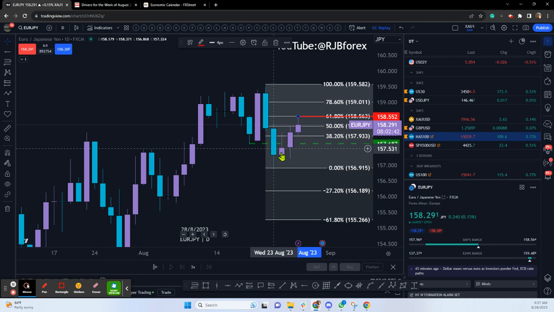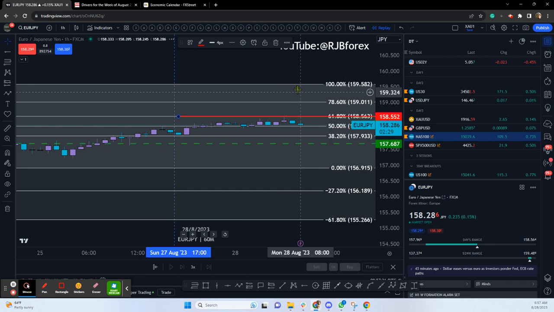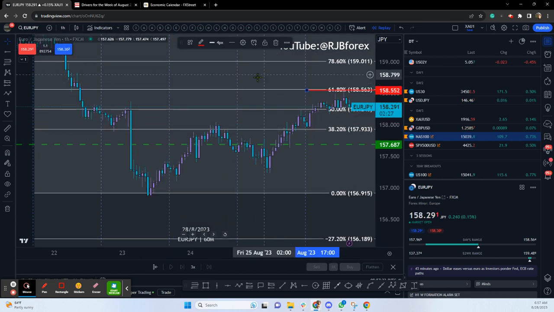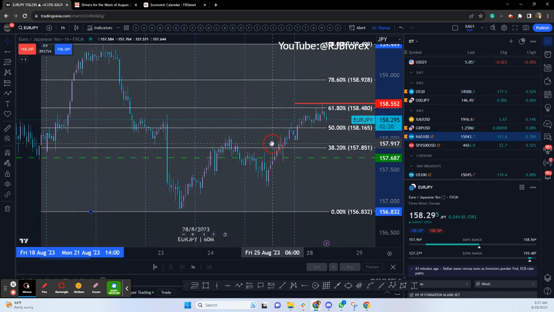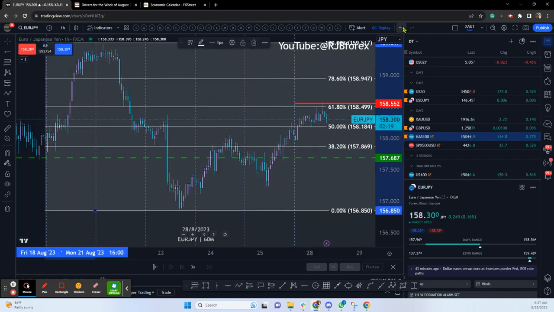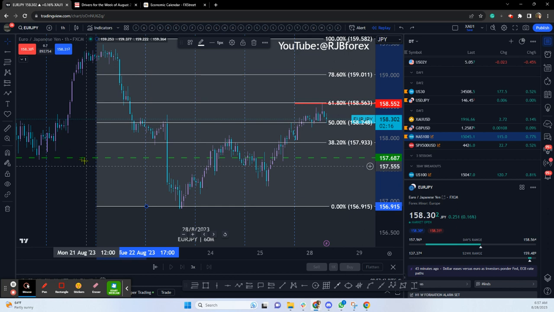So looking for this correction to decelerate today. It can move higher, but we're looking for the deceleration, and that's what we're starting to get with that wick. Okay, so potentially moving lower here, guys, in Euro yen.